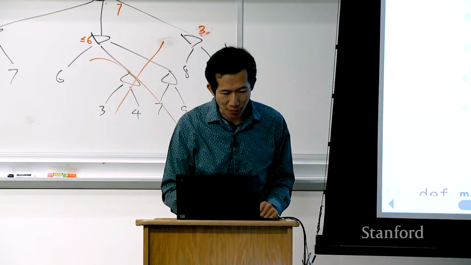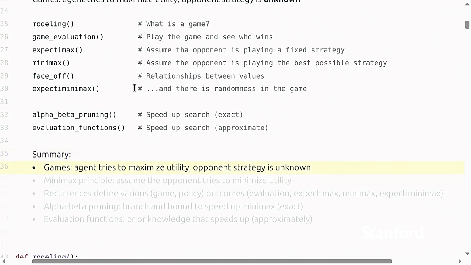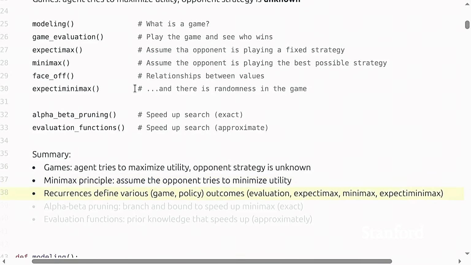Okay, but now to just summarize. We've introduced games. Here, the agent is still trying to maximize utility, but the opponent strategy is unknown. The minimax principle says, just assume the worst case, that the opponent is trying to get you and to minimize utility. We defined a bunch of different recurrences.